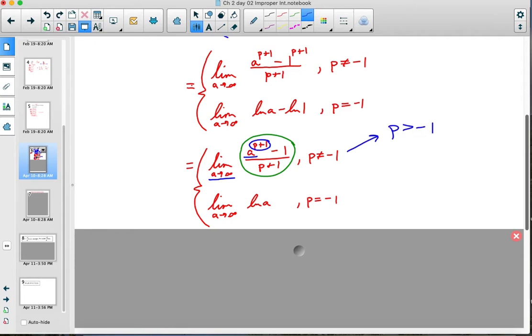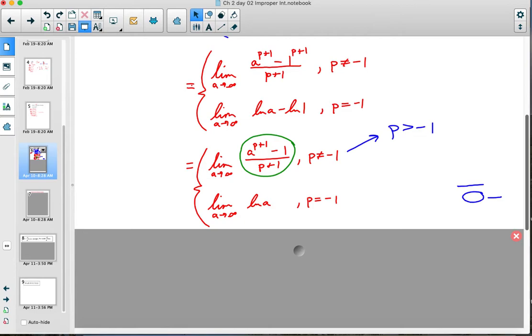Well, that's just getting bigger and bigger. And then subtracting 1 from that doesn't really affect it very much. And then dividing by p plus 1, we're still getting larger and larger values. So when p is greater than -1, this limit is going to infinity.